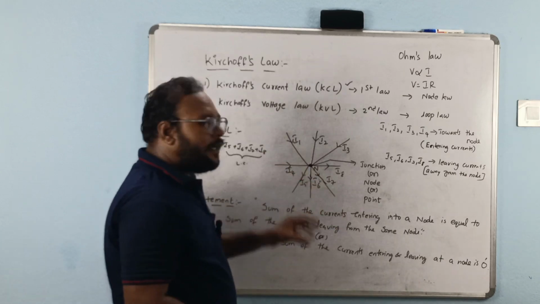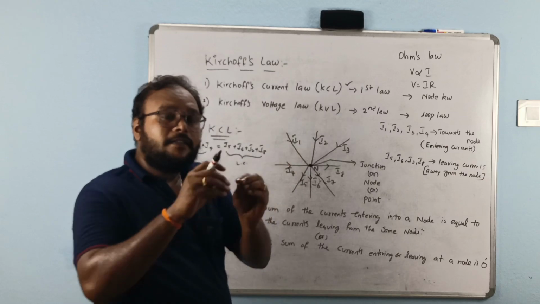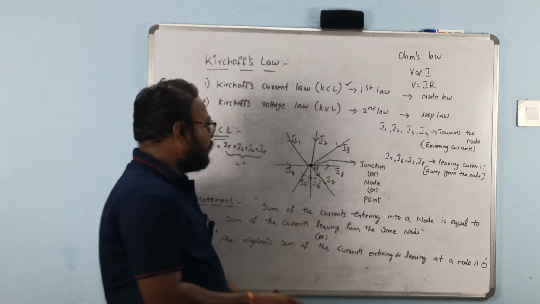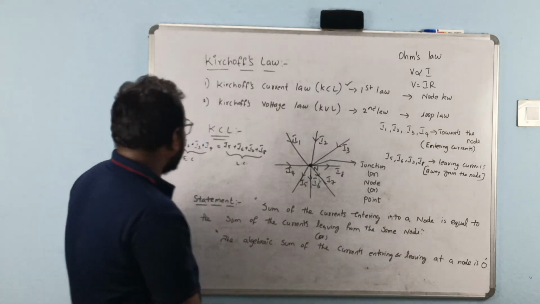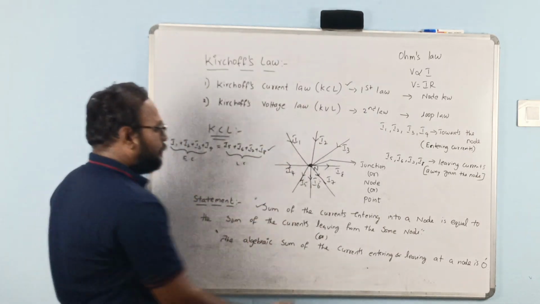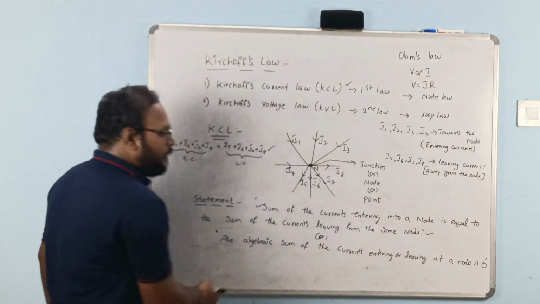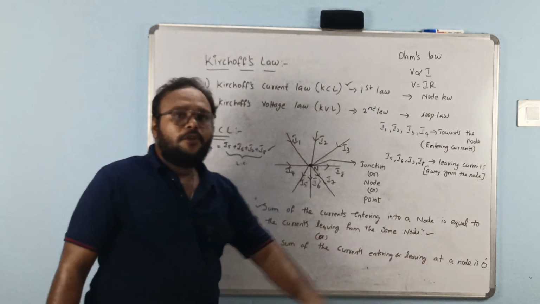You can take the entering and leaving currents at that particular node only. The node never changes; it should be the same one. This is statement 1. What about the second statement? The algebraic sum of the currents entering and leaving at a node is 0.